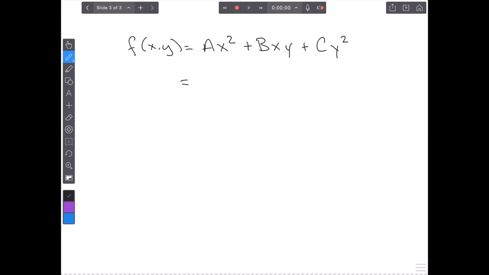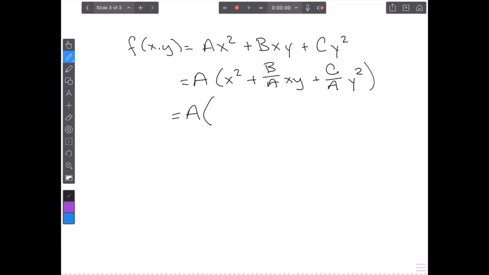So the first thing you want to do is factor a out. Then we have a times x squared plus b over a times xy plus c over a times y squared. And it's relatively easy in terms of classifying whether or not you have a saddle or a bowl or something like that.